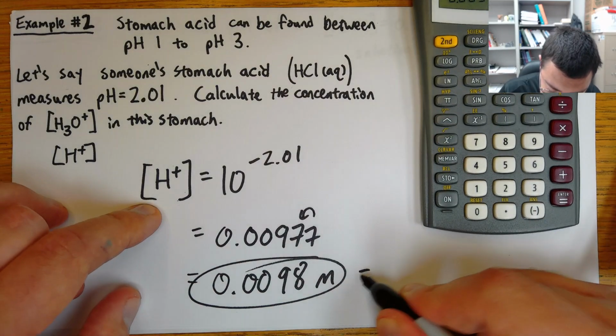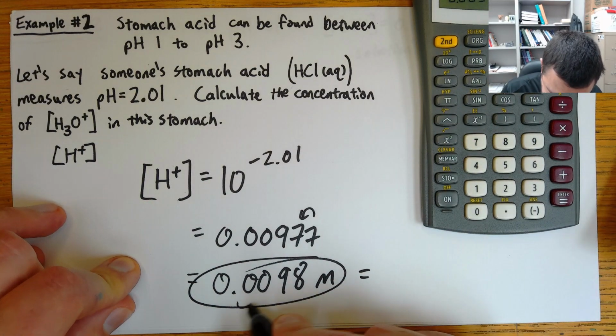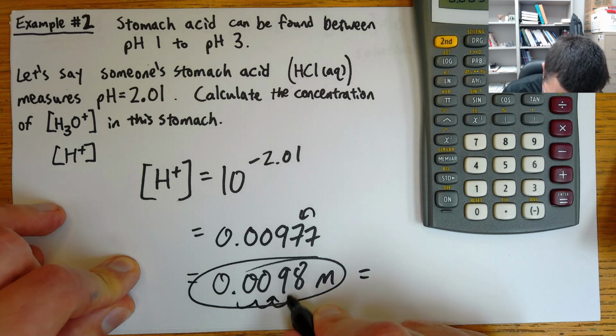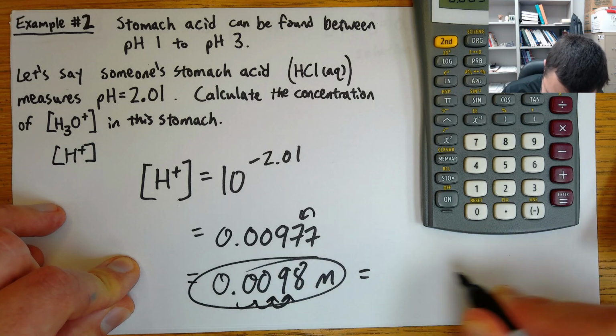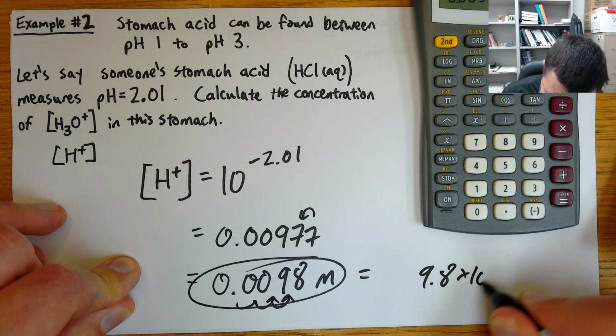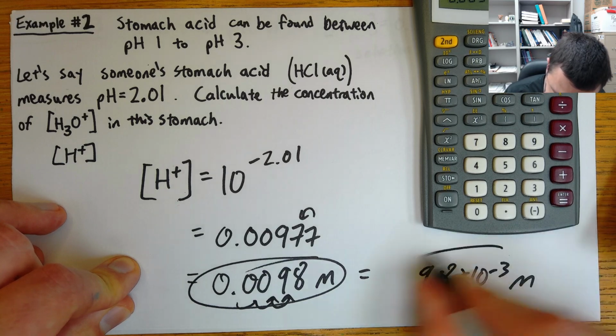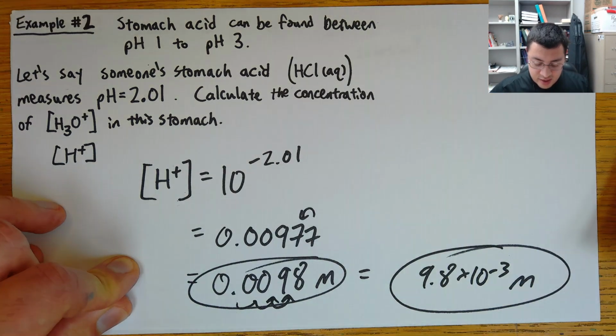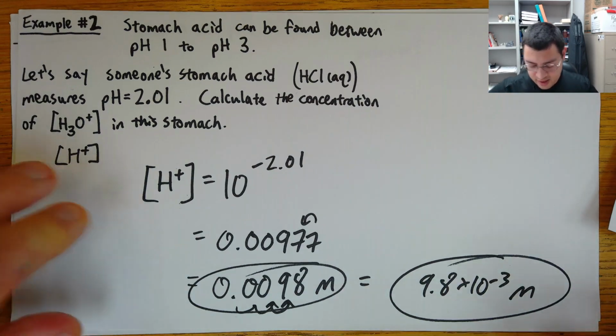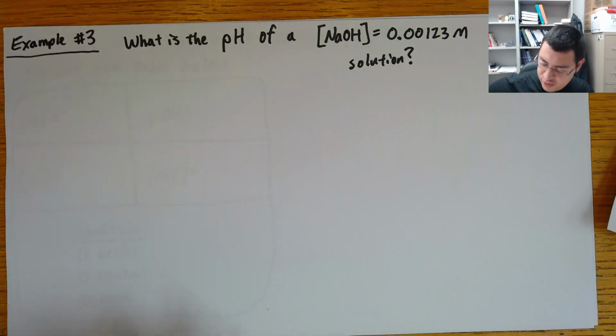All right, if they ask for scientific notation, it's 9.8 times 10 to the minus 3 molarity.